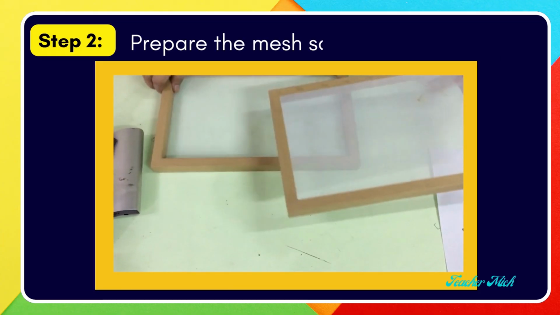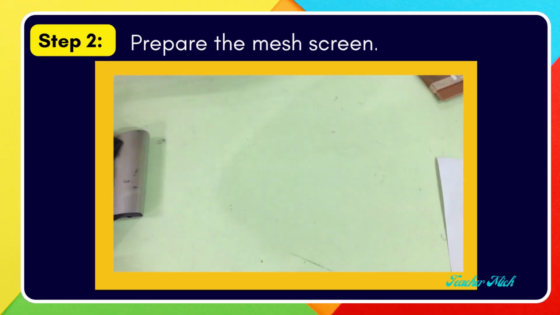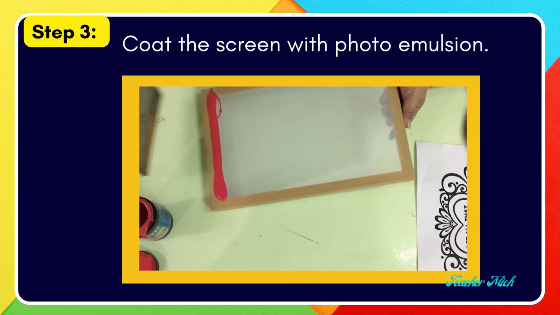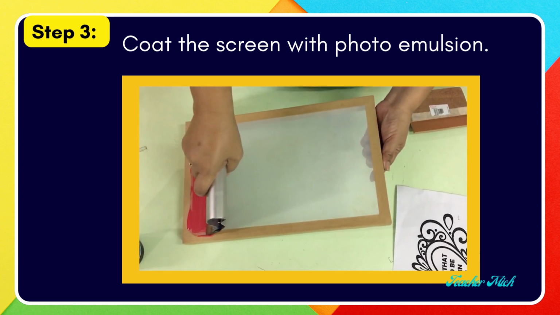Second, prepare the mesh screen. For step number 3, using the squeegee, coat the screen with photo emulsion.